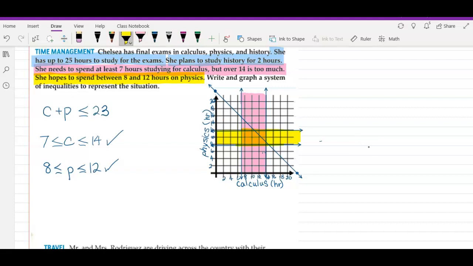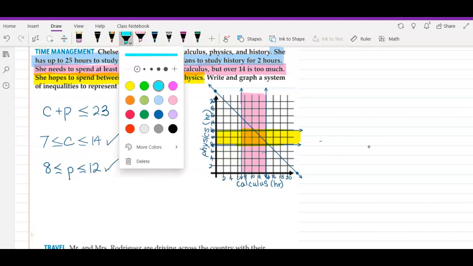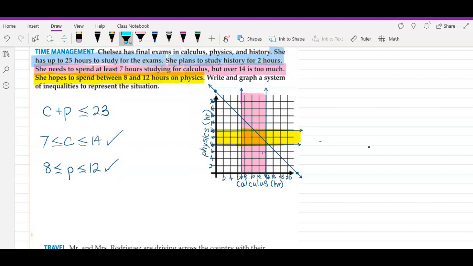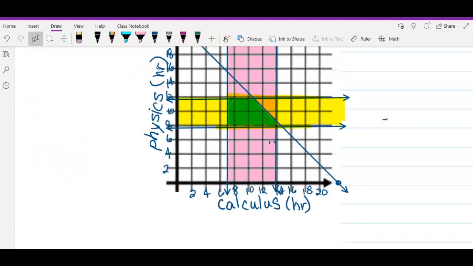Now, when I go to shade, I don't necessarily want to just shade all under the line because I know I'm not considering this region or this region. So I'm just going to shade under the line, but inside that orange area. Sometimes if you shade too much, the graph gets very confusing. So just this region would be my solution.